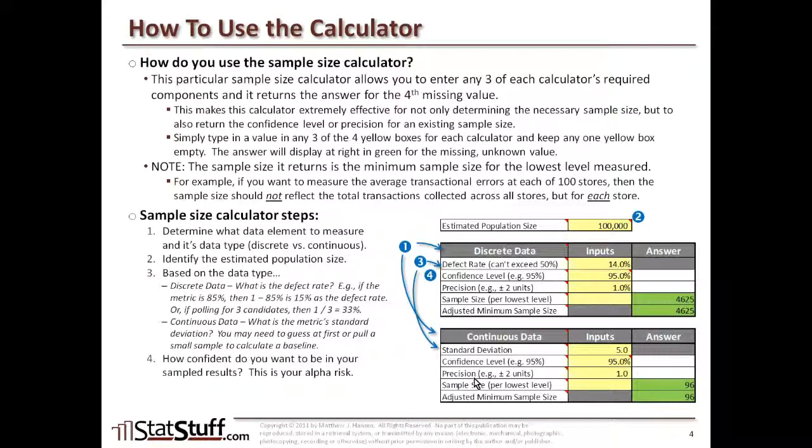So the fourth step now is to ask ourselves, how confident are we in the sampled results, or how confident do we want to be? This is, again, that alpha risk, figuring out the level of risk we're comfortable with, and it's 1 minus that alpha level. Generally, 95% is a default if you know nothing else and you don't have any other defined answer.